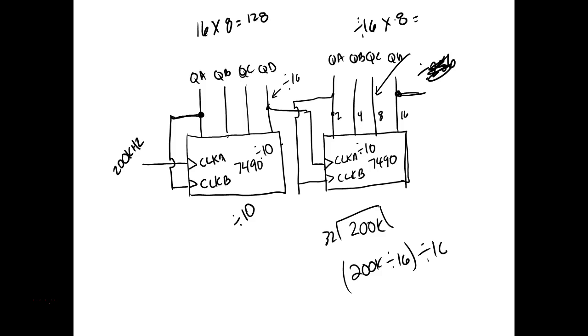Now, it wouldn't be a 50% duty cycle because it's not a power of 2.